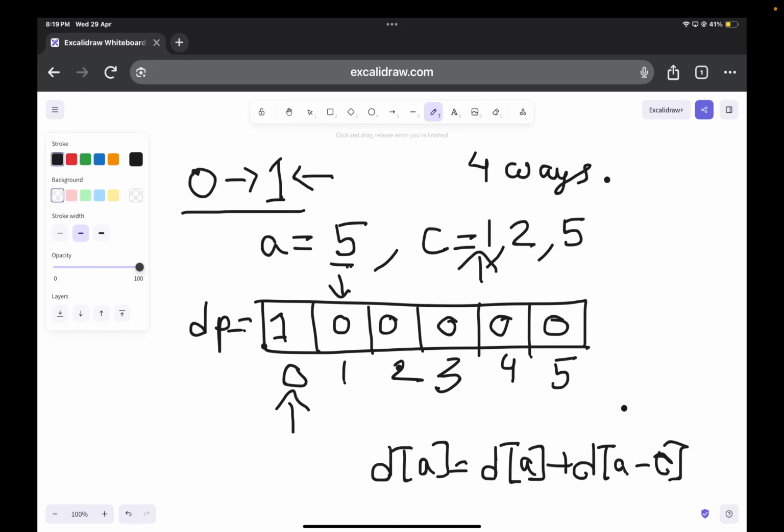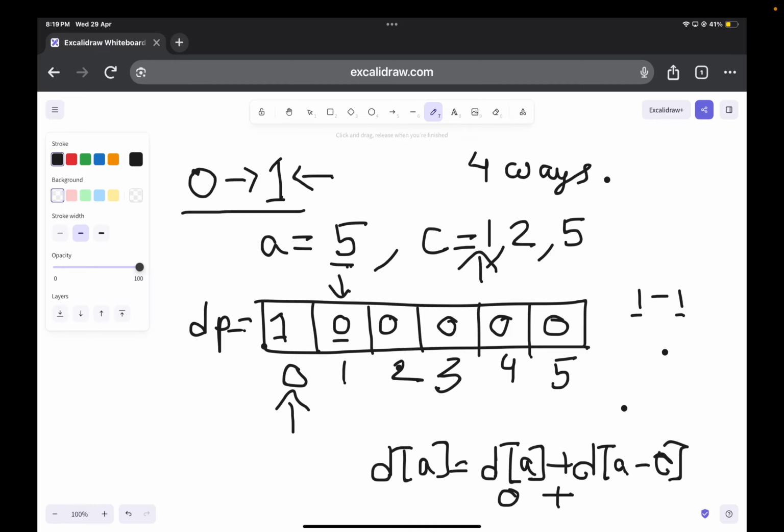So dp of 1 is the previous dp of 1, plus dp of amount minus coin. My amount is 1 right now, and my coin is 1 right now. So 1 minus 1, what is 1 minus 1? Zero. So the previous amount is 0, and 0 plus dp of 0.